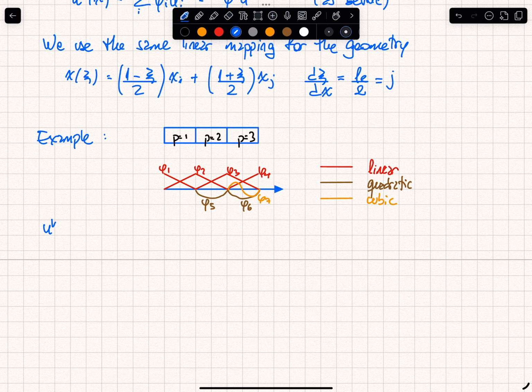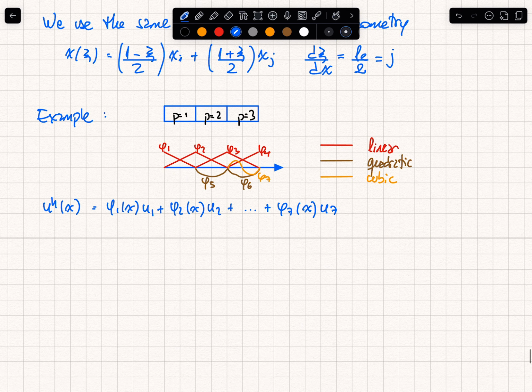So our approximation, obviously, is the sum of phi_i u_i. And so we have phi1 of x u1, that is the first linear function, plus phi2 u2, plus all the way phi7 u7, which is obviously the same way we write it.